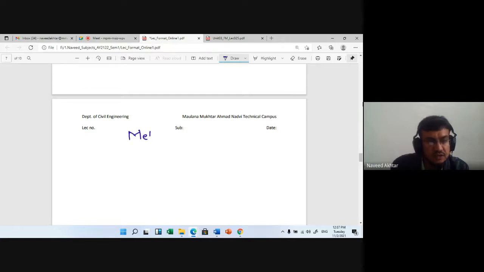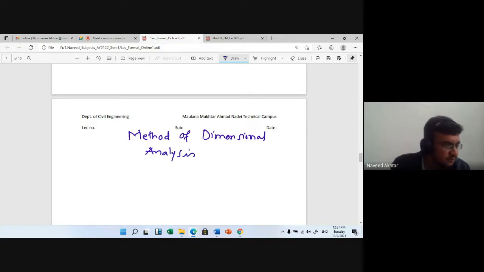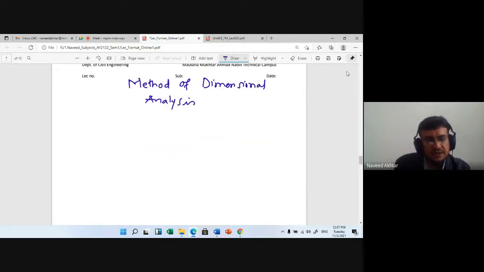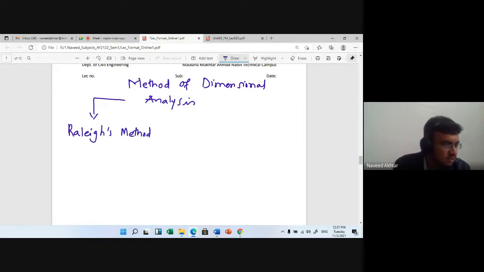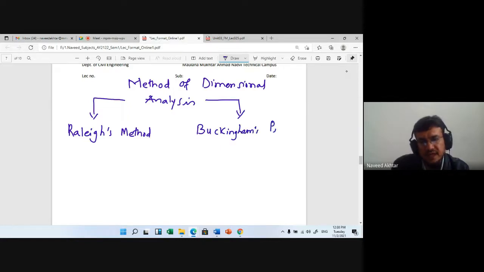If you write down the methods of dimensional analysis, there are mostly two methods. The first method is called Rayleigh's method, named after a scientist. The second method is Buckingham's pi theorem.